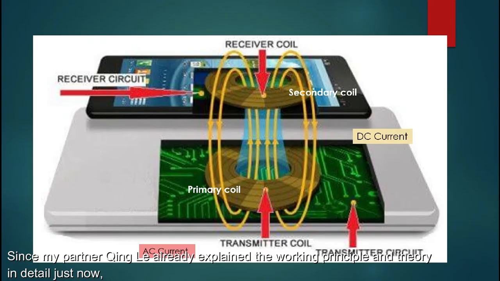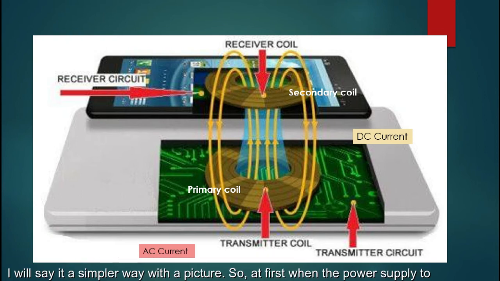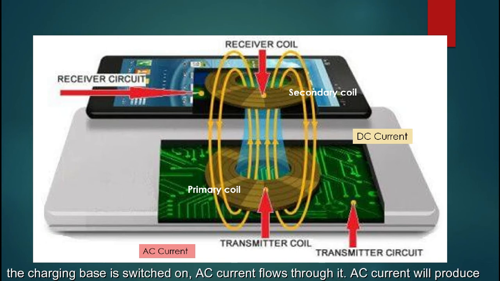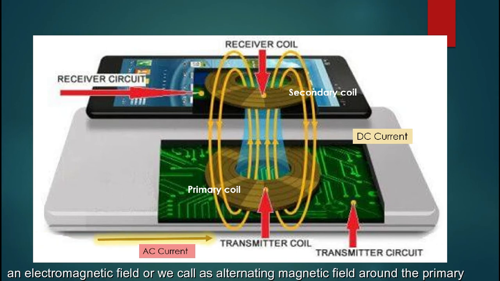I already explained the working principle and theory in detail just now. I will say it in a simple way with a picture. At first, when the power supply to the charging base is switched on, AC flows through it. The AC current produces an electromagnetic field, or alternating magnetic field, around the primary coil.